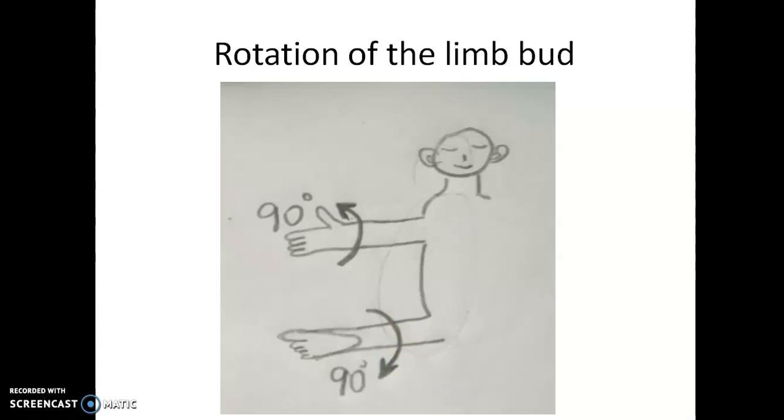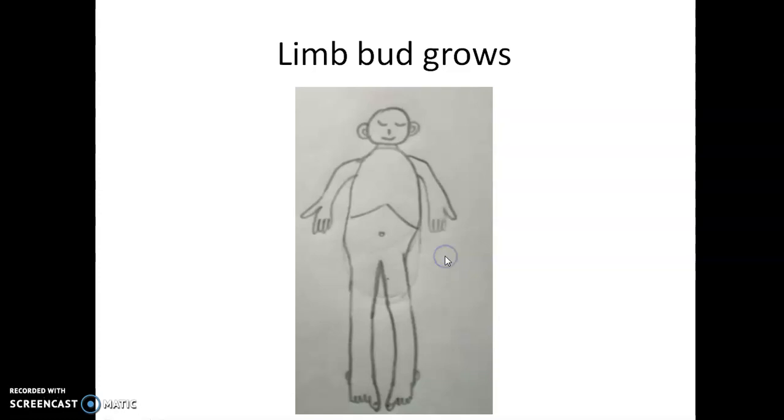Totally 180 degrees, that is the correct answer. So ultimately both the great toe and the thumb, which is the great digit of the hand, will be 180 degrees apart from one another. That is because embryologically the upper limb bud rotates 90 degrees outwards and the lower limb bud rotates 90 degrees inwards. Inwards is also called medially, outward is also called laterally.